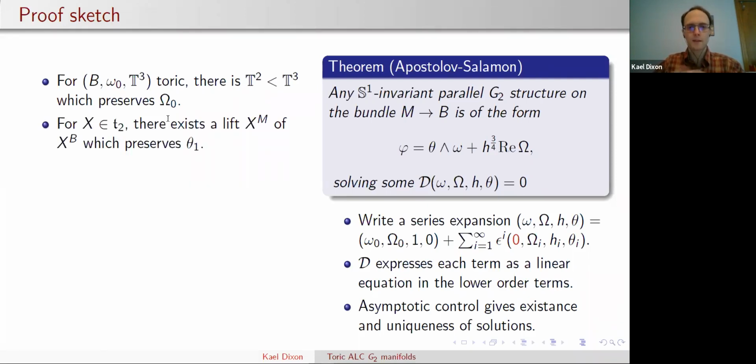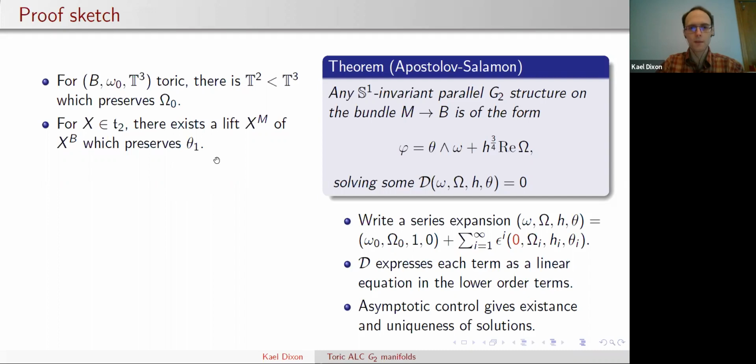And then the next thing to do is to try to lift somehow to make a torus action on the circle bundle M. So the way to do this is you take one of the symmetry vector fields downstairs, and you lift it in such a way that preserves at least the first term of the connection 1-form.